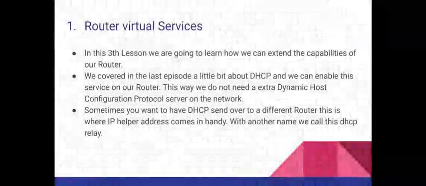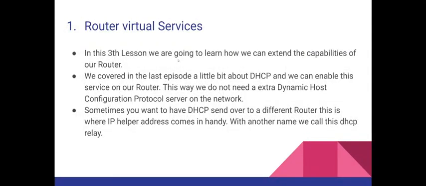So, last time we talked about DHCP, and sometimes you don't want an extra DHCP server in your network. Usually Cisco has this built into their routers, so you don't have to have an external DHCP server.